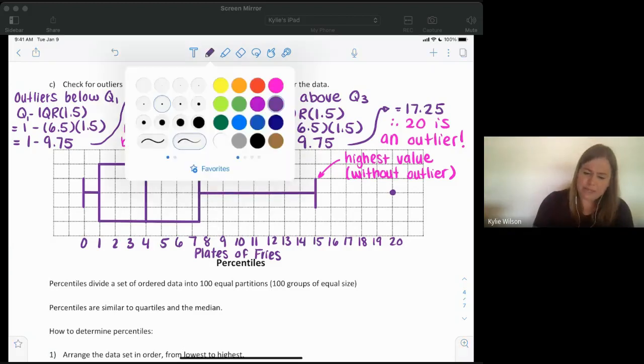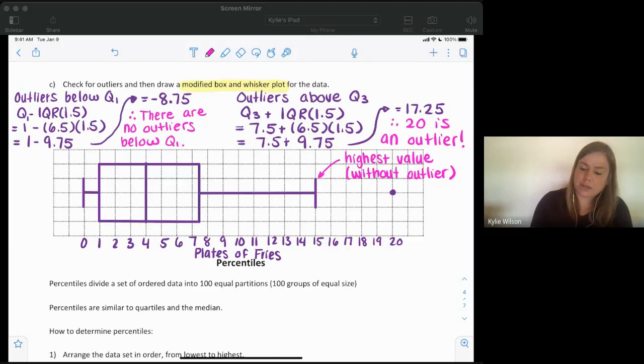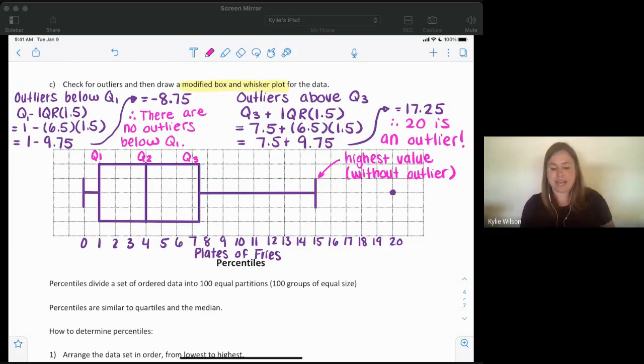Now I want to make sure that I label my quartiles. So we have Q1, Q2, and Q3 over here. So that would be our modified box and whisker plot because I've accounted for that outlier there.